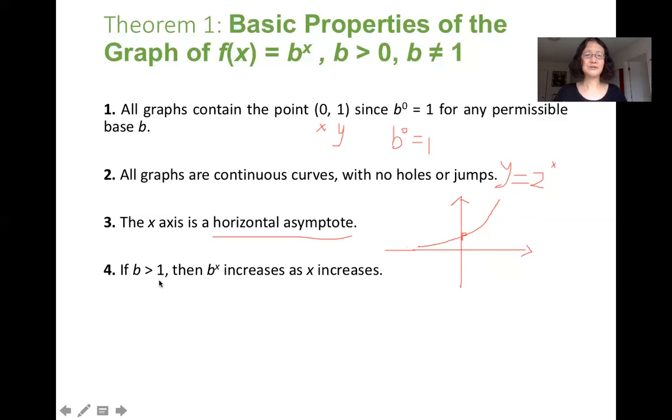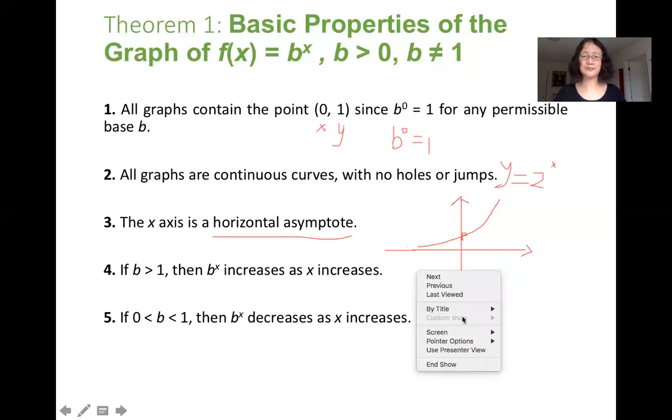And when b is greater than 1, b to the x increases as x increases. In this example, b equal to 2. If you have b smaller than 1, b to the x decreases as x increases.